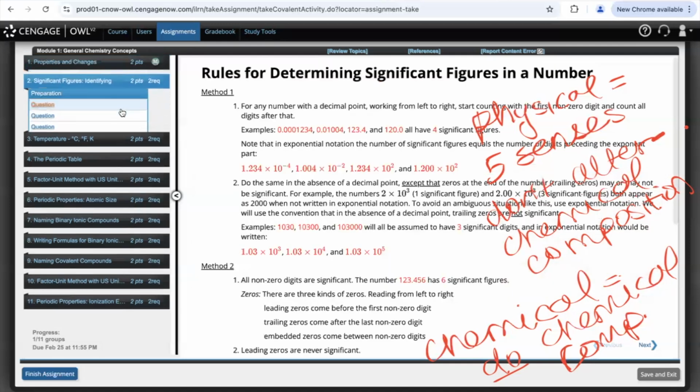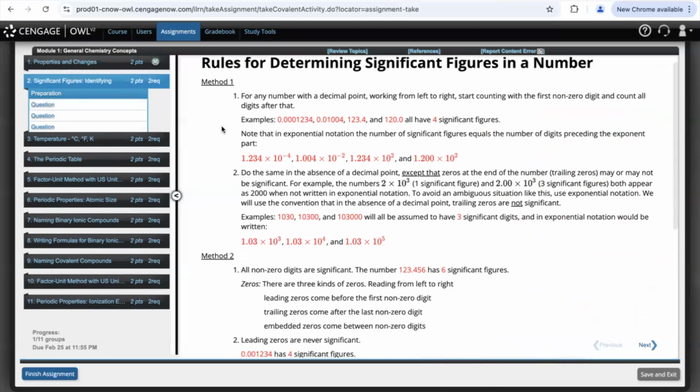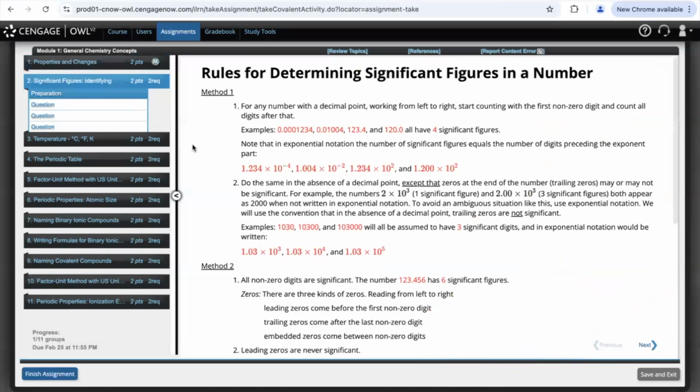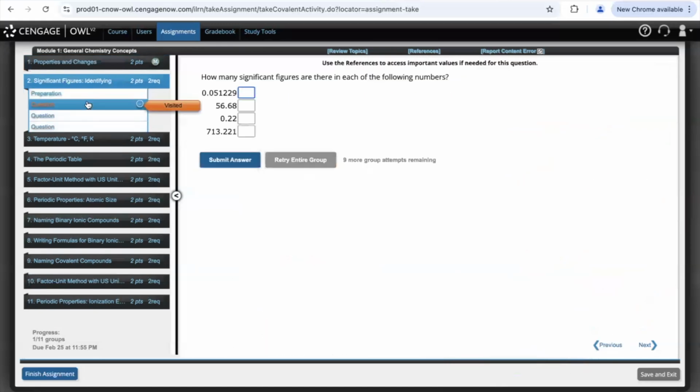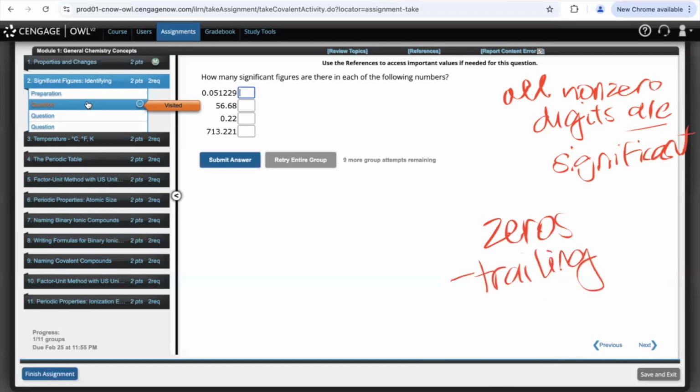All right, significant figures. For this one, there's a preparation that helps explain significant figures to you. So significant figures, we'll go over this again in lecture, but all non-zero digits are significant. And then what really is funky is the zeros.